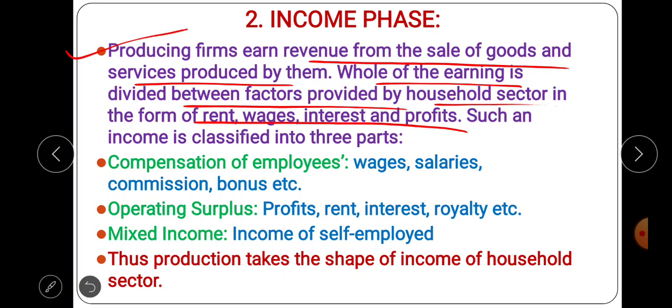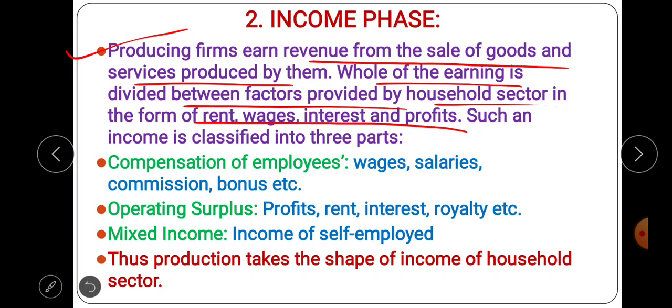Whatever revenue is earned by selling the goods and services, from that revenue the firm is going to distribute the rents, wages, interest and profits to the household sectors.